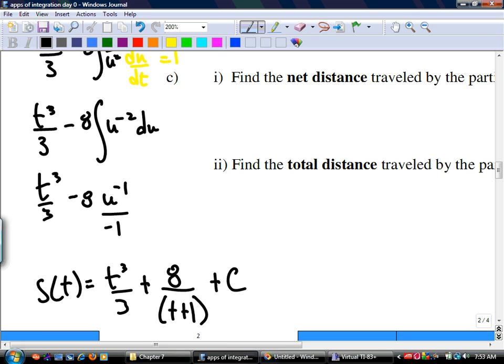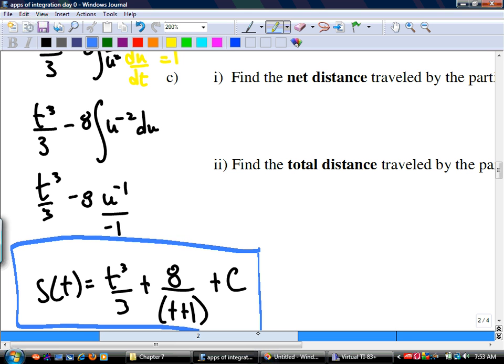Good call. Don't forget it. It's important here. It's not chapter 5. Sometimes you need them, right? Yes, it will matter here, because if you look at the very beginning part of the information, what does it tell you? It tells you s of 0 equals 9.